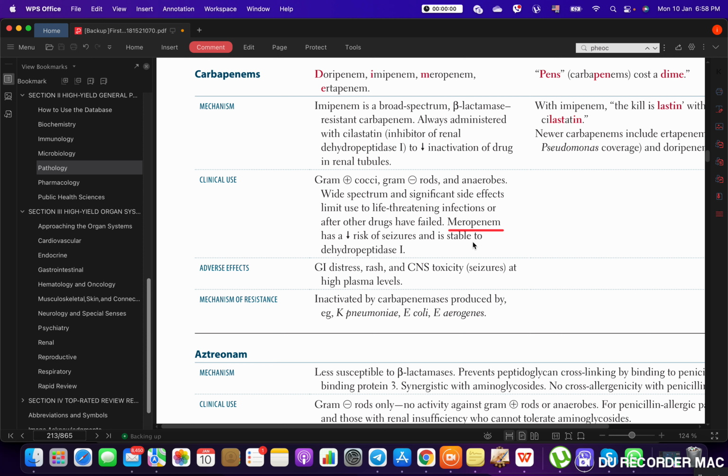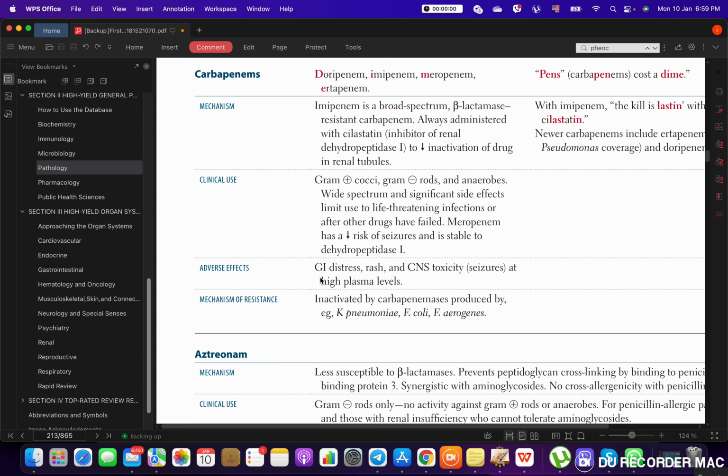The answer is yes, I can, because it's stable to that degrading enzyme normally found inside of the kidney. If it's resistant to it, the enzyme cannot destroy it, so we'll have more bioavailability of it.